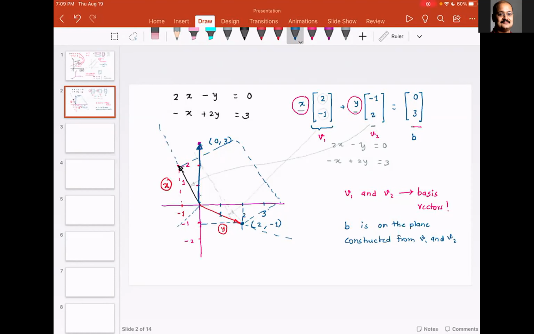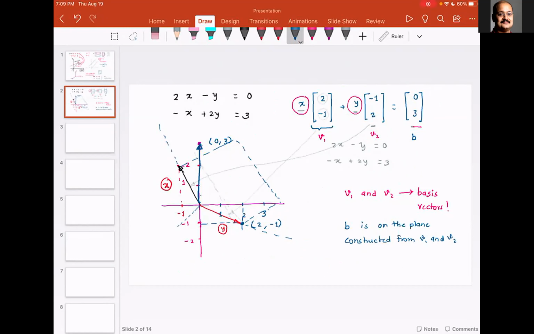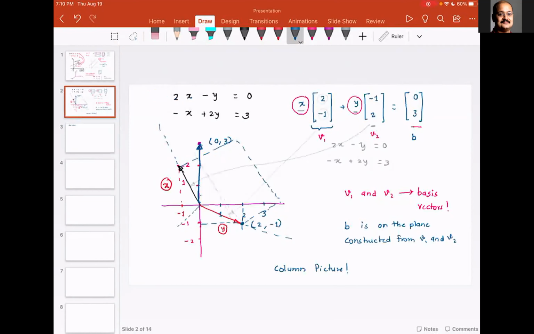What are these four important subspaces? Now I will show you in just a second. First, we talked about the row space. Second, this is called the column space. This is called the column picture. So you have something called the row space, and this product is called the outer product.